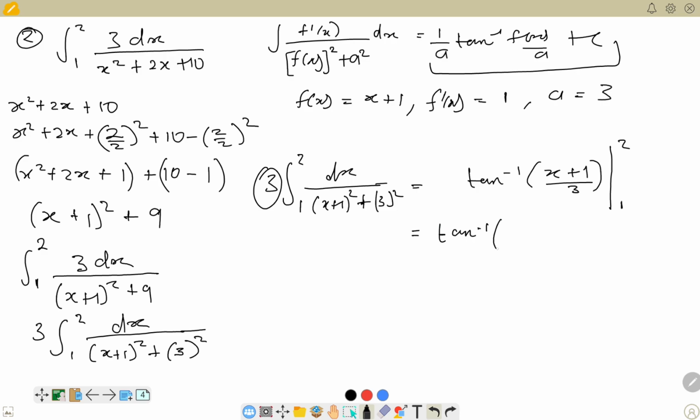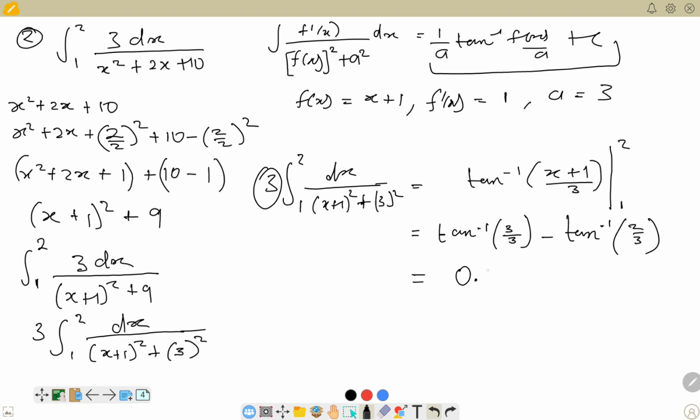Firstly we substitute 2 into x. 2 plus 1 is 3. So this side will have 3 over 3, which is 1. Then minus arctan. Now in the place of x, we substitute 1. This side will have 2 over 3. Then we evaluate.